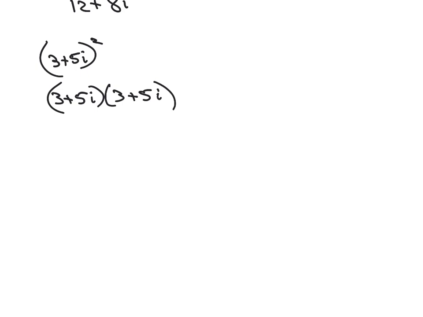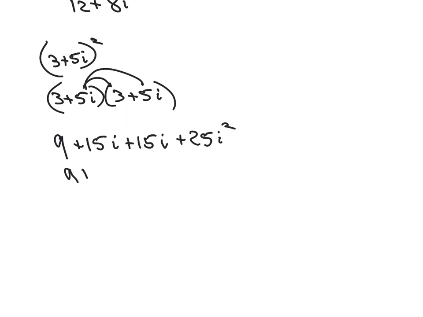So let's do first, outside, inside, and last. So treat the imaginary part, the i, as a variable, and then you'll do fine. So like when you multiply this times this, you get 15i. When you multiply this times this, you get 25i squared.